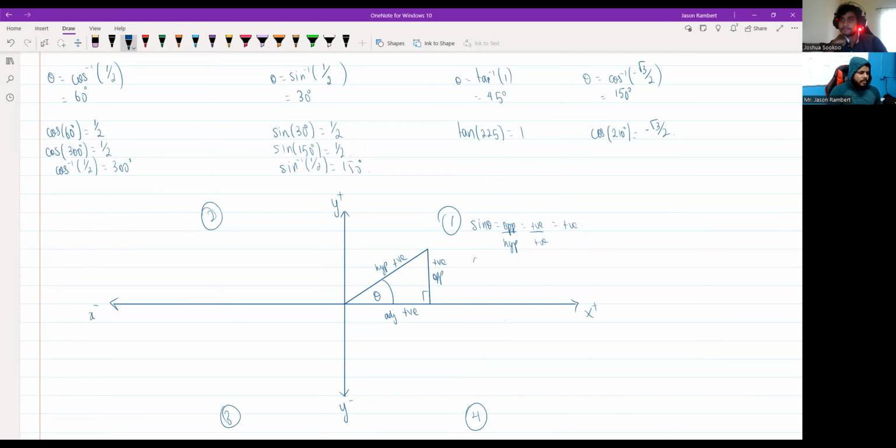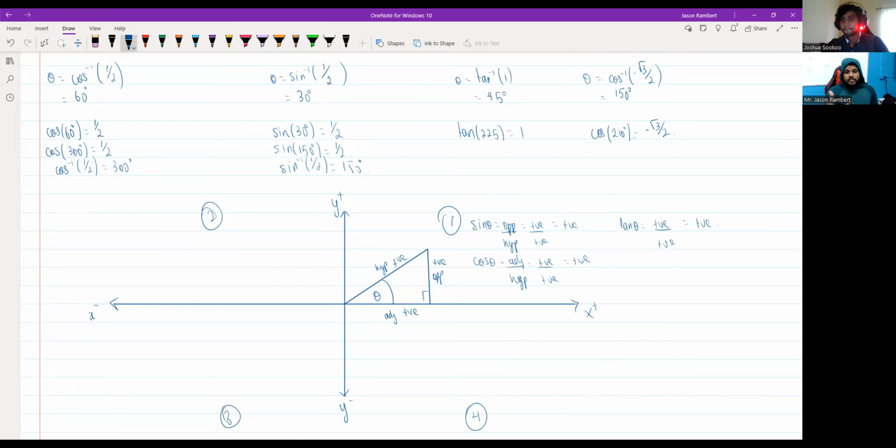Same thing for cosine of theta. It's adjacent over hypotenuse, which is also a positive over a positive, which will also yield a positive. And finally, tan of theta is a positive over a positive, which will also yield a positive answer.